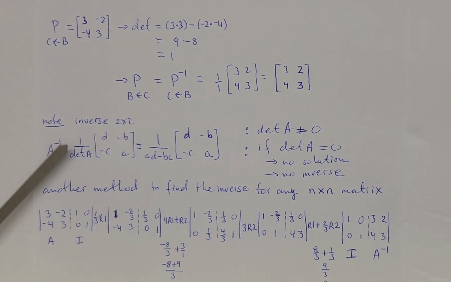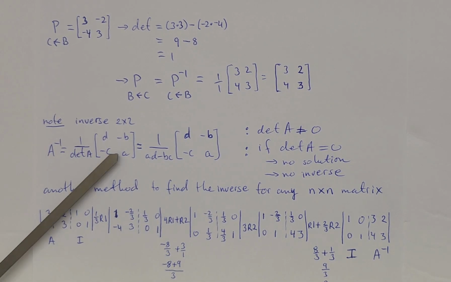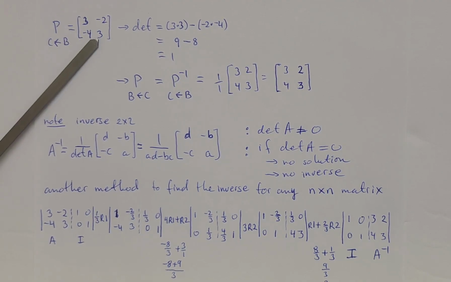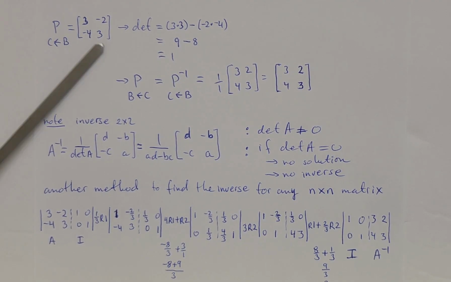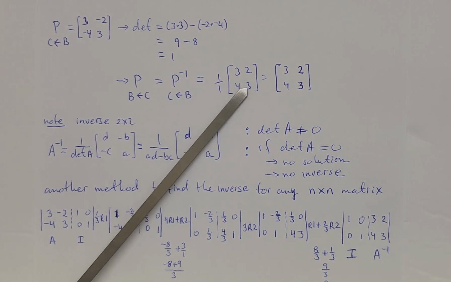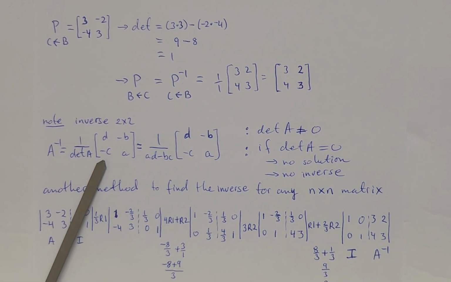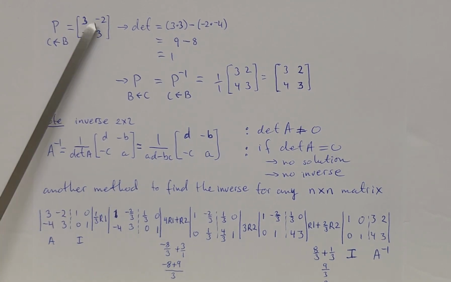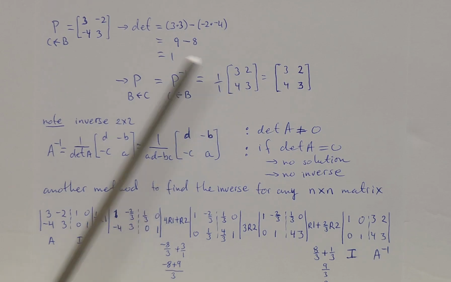So 1 over the determinant, and A and D are being switched. However, both of these numbers are 3, so you didn't really see that it got switched, but you have to switch. B and C, put an extra negative in. So there's an extra negative, and negative and negative become this +2.